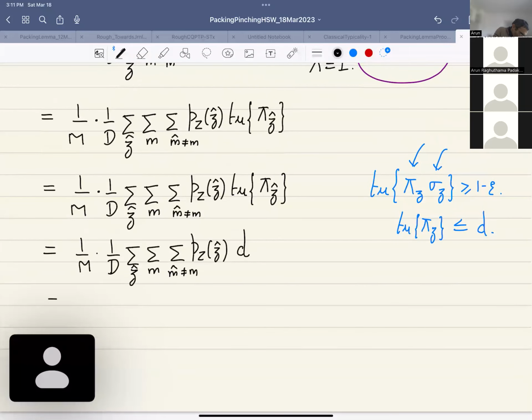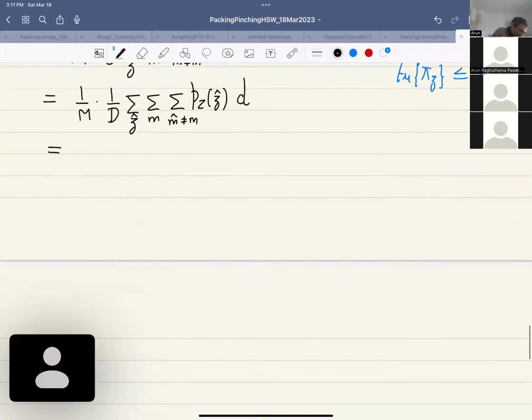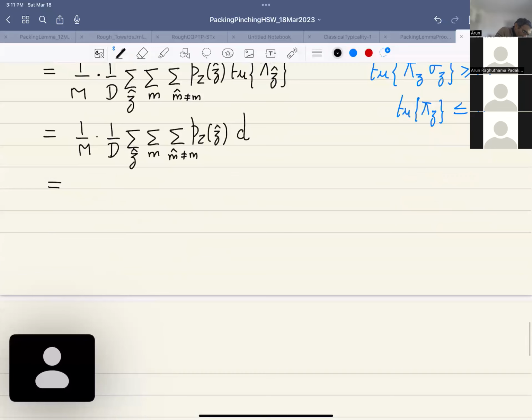So it looks like all the terms are now in the picture, right? I can sum over z-hat first. None of the terms really depend on m and m-hat. So I can say M times 1/M times 1/D times (M minus 1), because M times M minus 1.